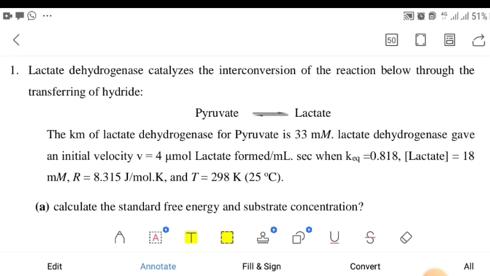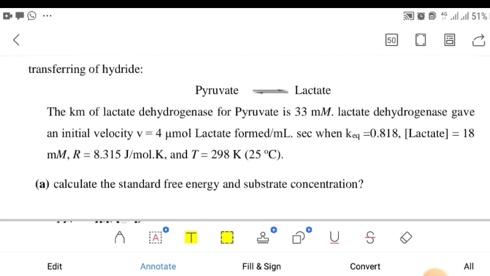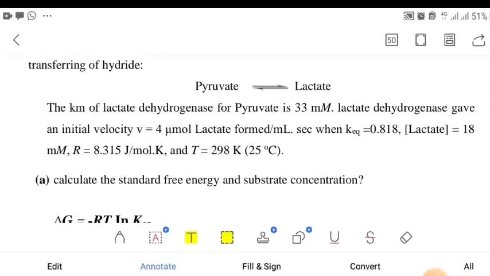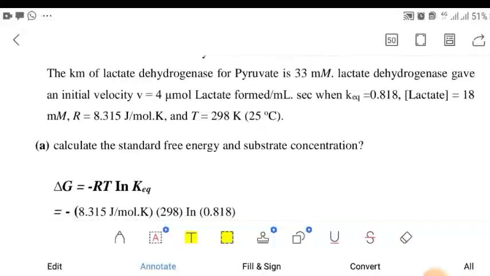It transfers hydrides. We are asked to calculate the standard free energy for this reaction and also the substrate concentration. To calculate the standard free energy, you need your Gibbs free energy formula, which is delta G equals minus RT ln Keq.